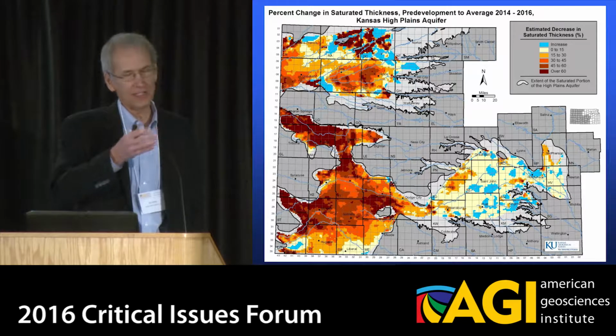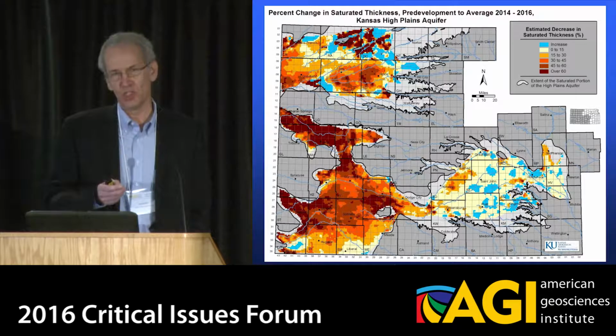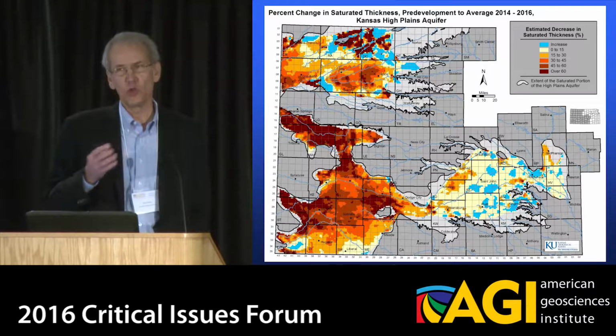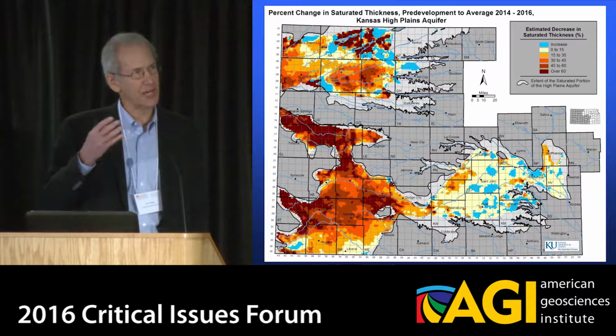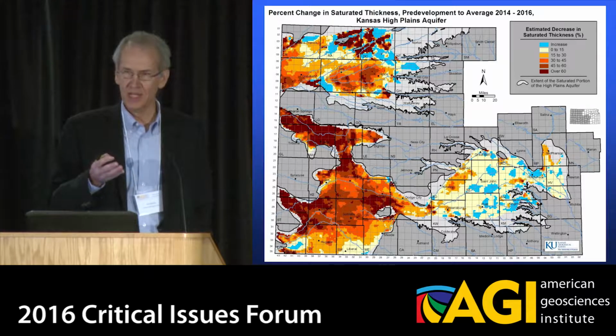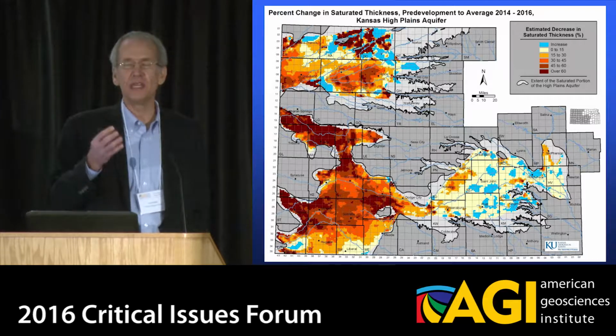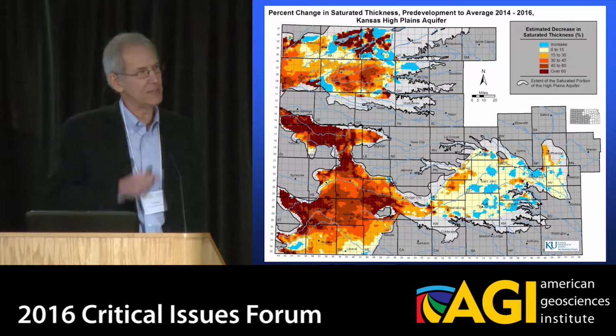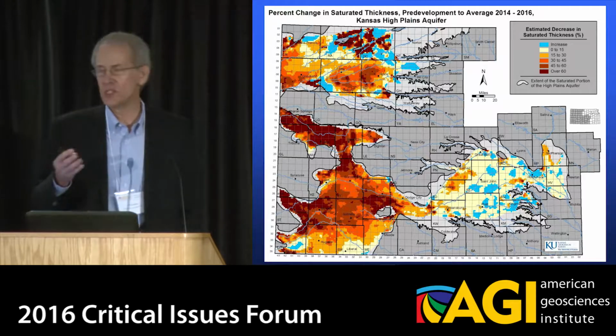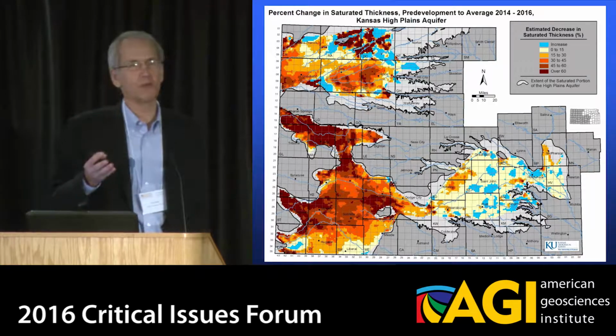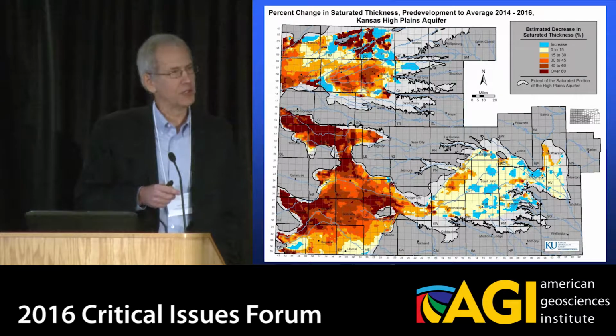Now, as you go west into the semi-arid portions of the state, you can see that the story changes. The colors are now predominantly oranges and reds. So clearly, the development in this area has had a heavy impact on aquifer conditions. The deepest reds here are over 60% of the original aquifer thickness is gone.